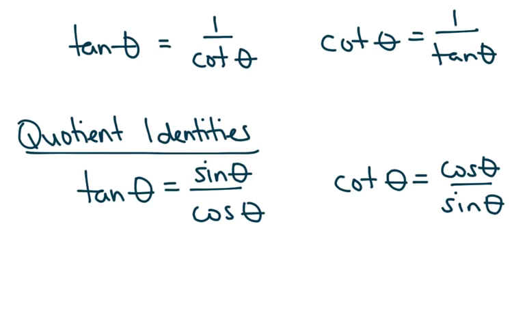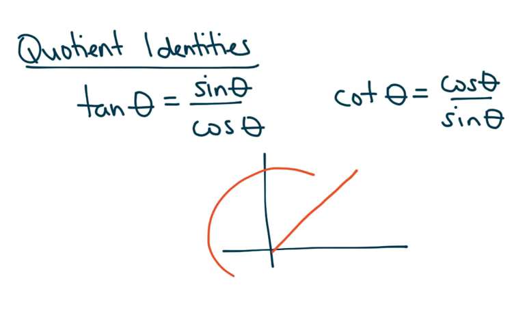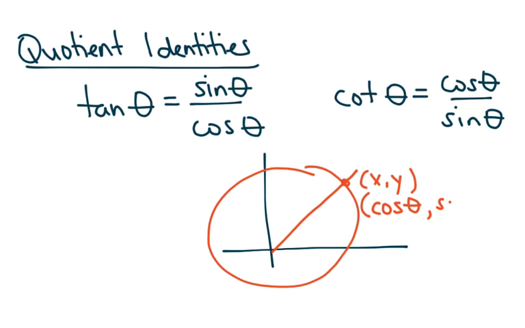There's something called the quotient identities. The tangent is actually the same as sine divided by cosine, and cotangent is cosine divided by sine. The reason tangent is sine divided by cosine is because if you think about when we were talking about terminal rays on the unit circle, the point where the terminal ray hits the unit circle, the point x, y, we had found out in an earlier unit that it was cosine theta comma sine theta.